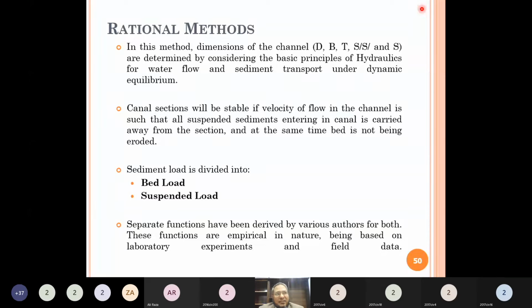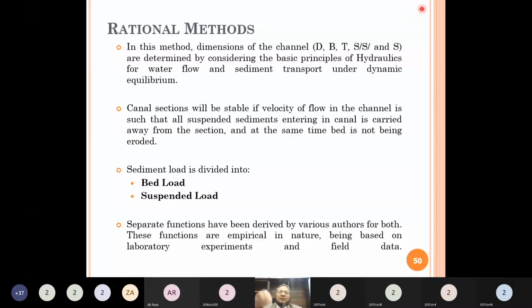But what about covering? Do we have a covering issue in case of lined channel? Water while moving, can it cover a lined surface? I think no, sir. The answer is no. So it means in case of lined channel, we have only one problem.